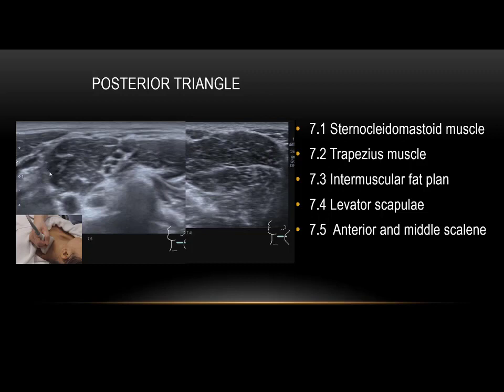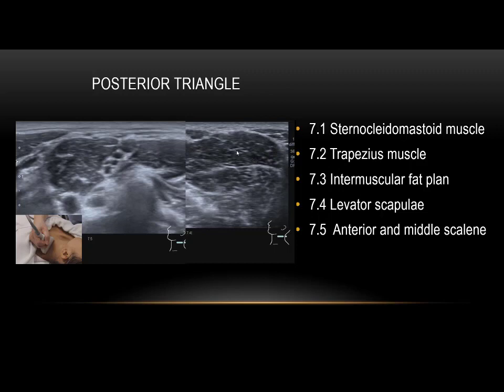This means this one is in close proximity to the sternocleidomastoid, right? This is the anterior scalene. This is the middle scalene. So the floor muscles of this posterior triangle closer to the sternocleidomastoid are the anterior and middle scalene. And the one in close proximity to the trapezius muscle, this muscle belly, is the levator scapulae.